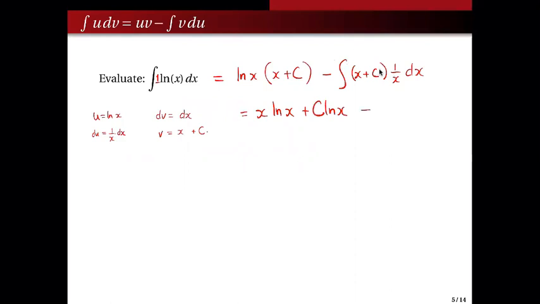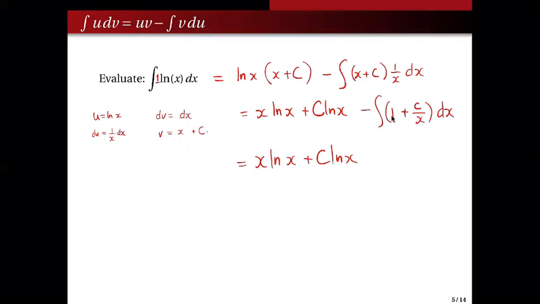And then in here we have the integral of, if we distribute, 1 plus c over x.